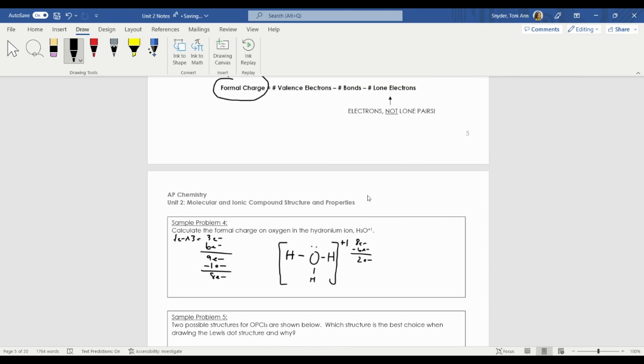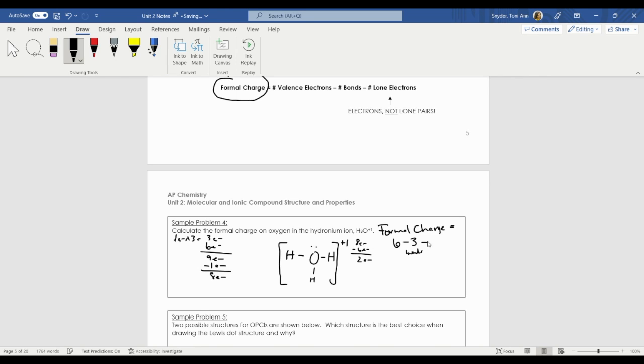Let's use this equation up here and calculate it. So I put it up on the screen so we could see. Formal charge is equal to the number of valence electrons. So we know oxygen has 6 valence electrons. So we'll do formal charge is equal to 6 minus the number of bonds. And this oxygen has 1, 2, 3 bonds to it.